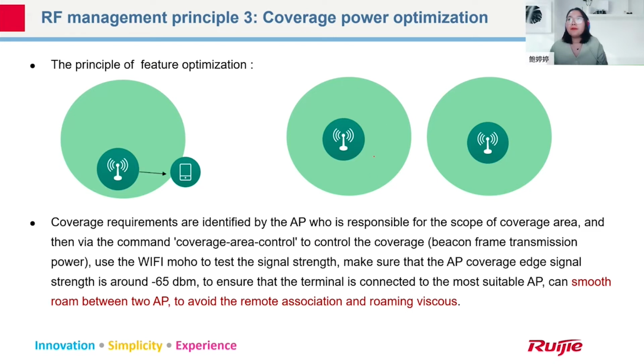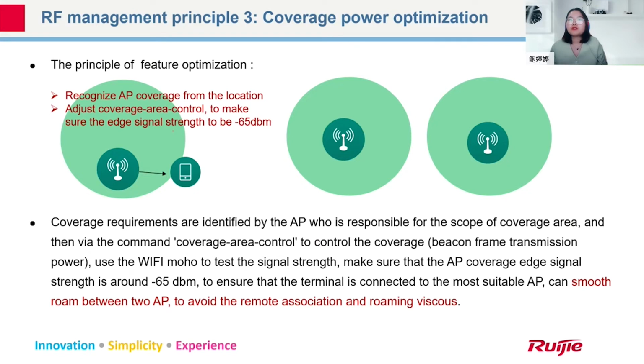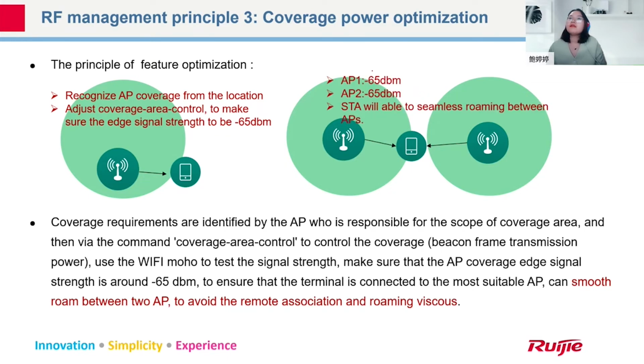And this is the first one, recognizing the AP coverage from the location. We can change the value to make sure the edge signal strength becomes -65 dBm. Then if we deploy two APs and the terminal goes around in the middle of these devices, the AP1 signal strength is -65 dBm, and the AP2 signal is also -65 dBm.